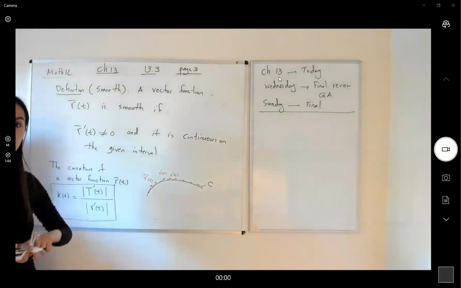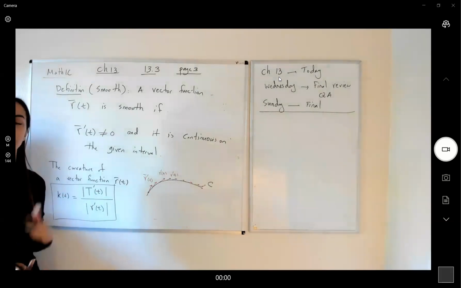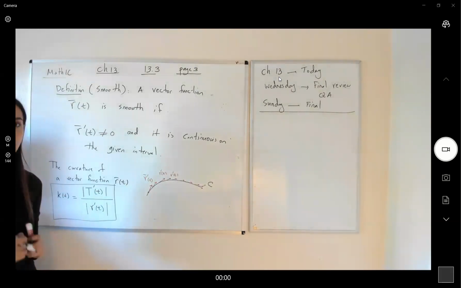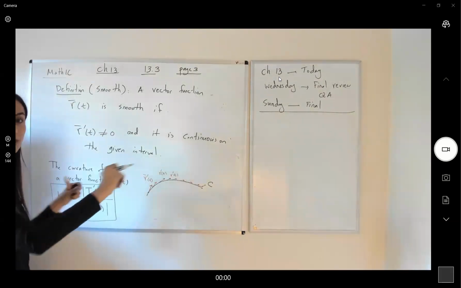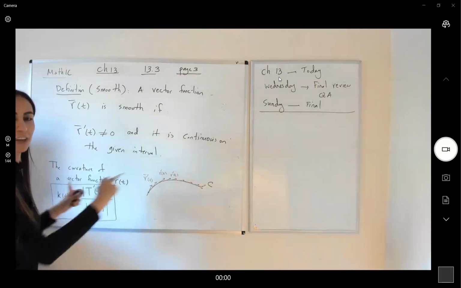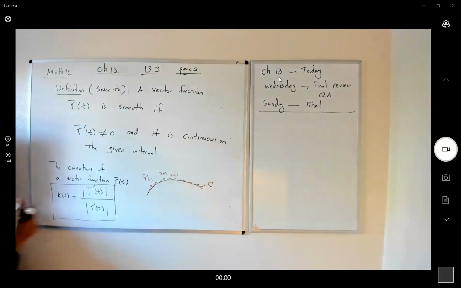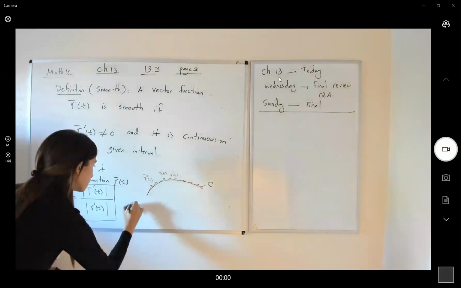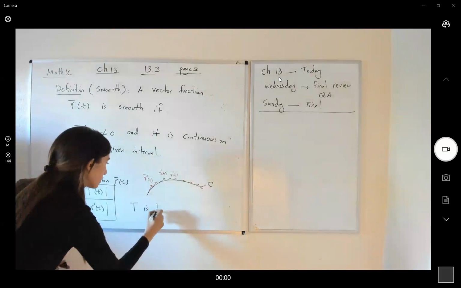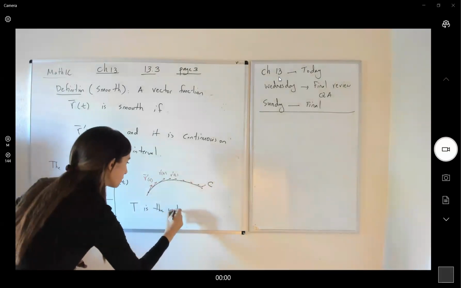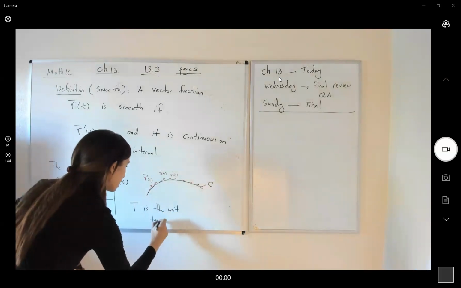A curvature can be negative, it can be positive, and it can also be 0. For example, the curvature of a straight line is equal to 0. And remember T is the unit tangent.